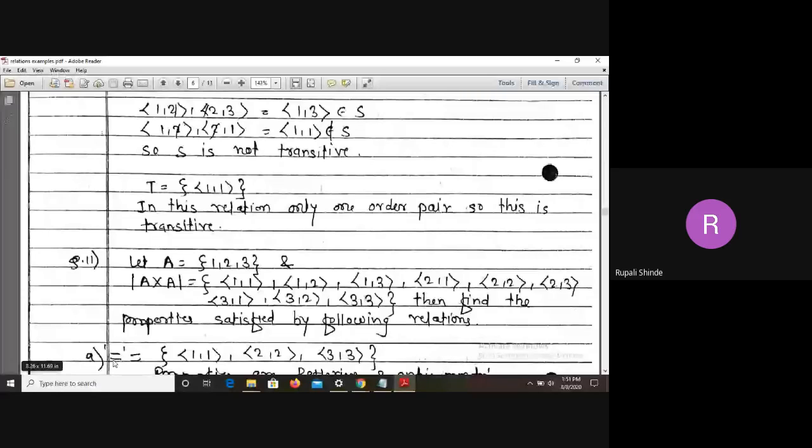Okay. Now tell me what are the properties satisfied by this relation? Whether this one is reflexive.